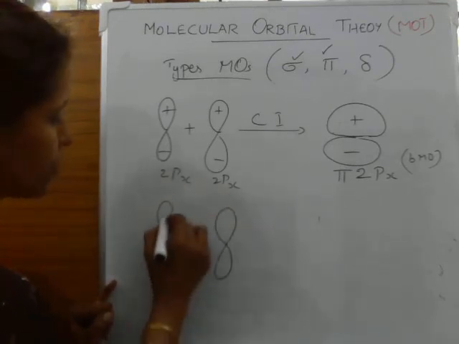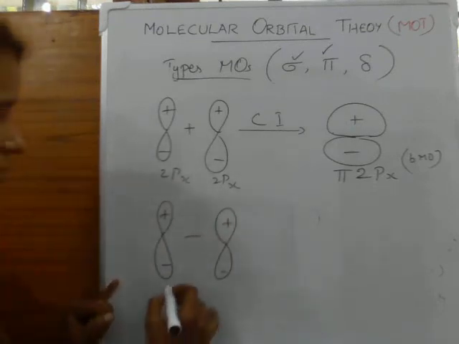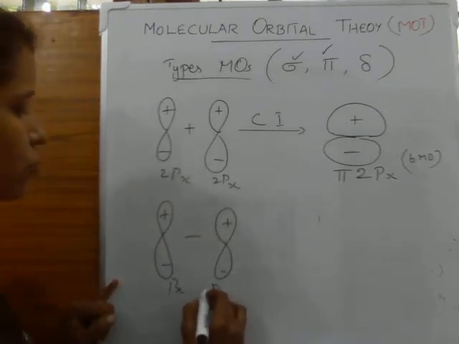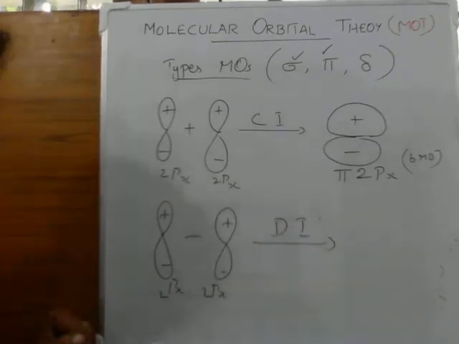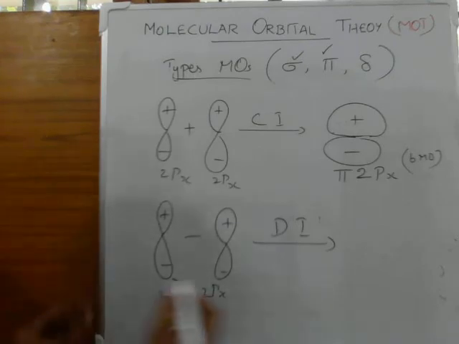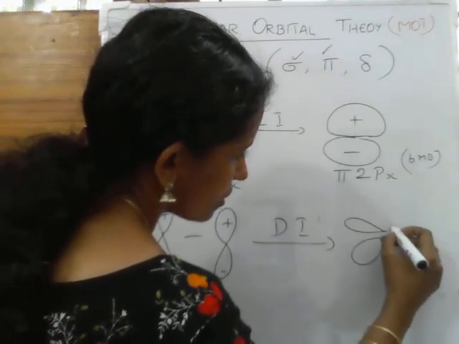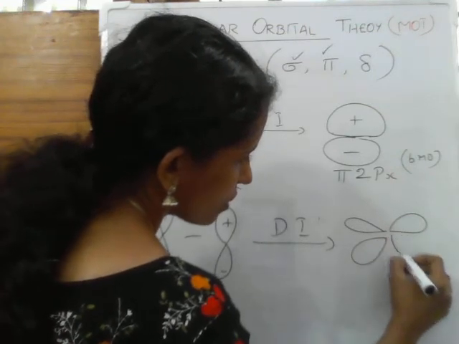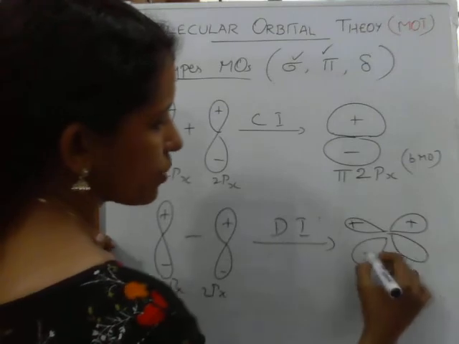And the subtraction of px atomic orbital, minus 2px atomic orbital, destructive interference, results in an arrangement like plus lobes, minus lobes.